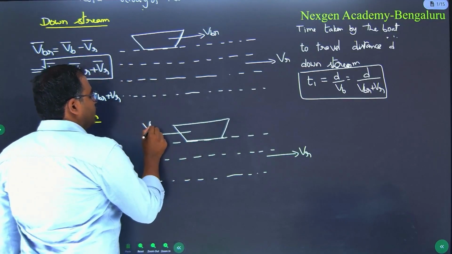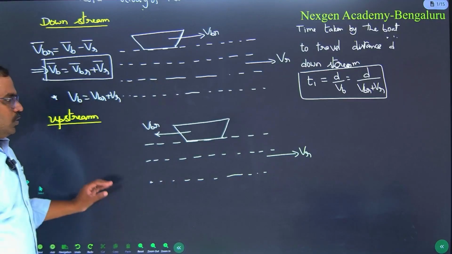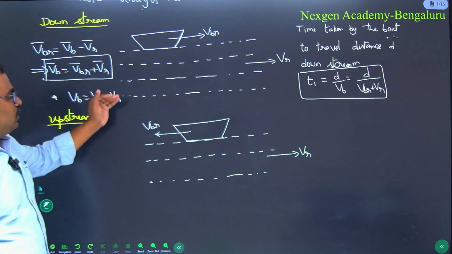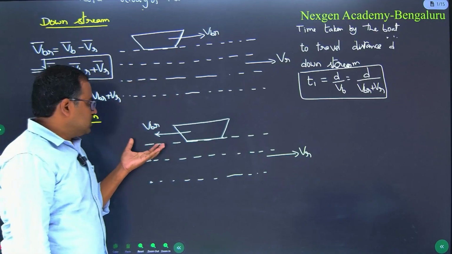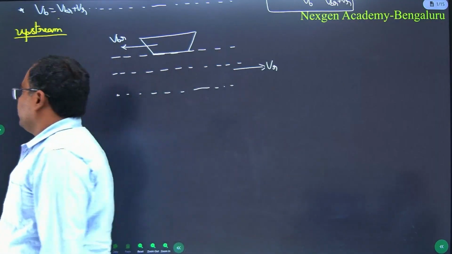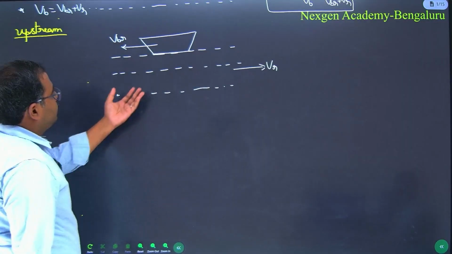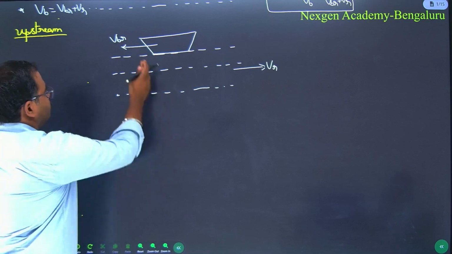Velocity of boat with respect to river. If you observe the two diagrams, you can understand. The boat direction, the velocity of this boat, is opposite. So now let me take upstream here. Upstream means the boat is traveling opposite to the river velocity. Here it is VBR.